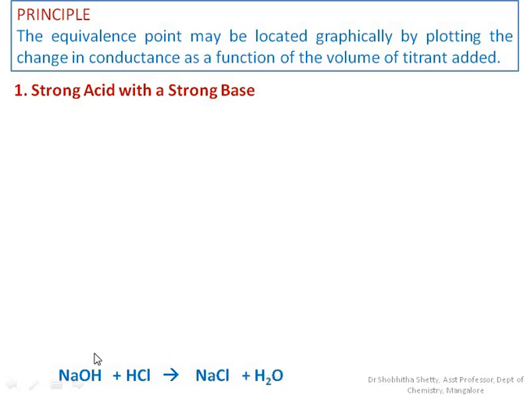So during the titration, what happens? You can see here that H+ ion mobility is different, whereas Na+ ion mobility is different. So the mobility of one ion is replaced by an ion with another mobility, and the concentration of H+ ion is also varied. Due to these factors, there will be a change in the conductance value.